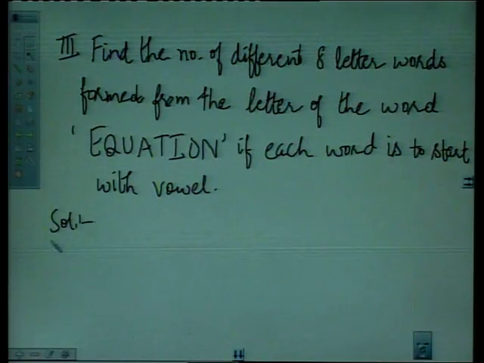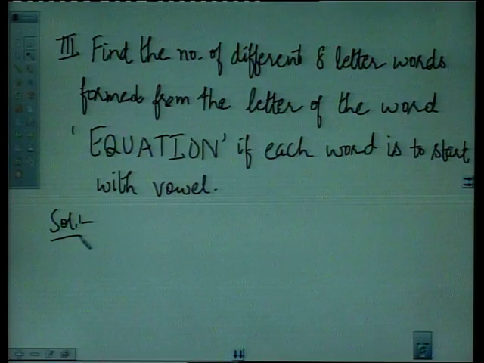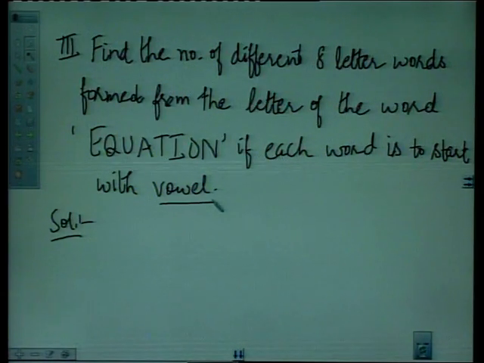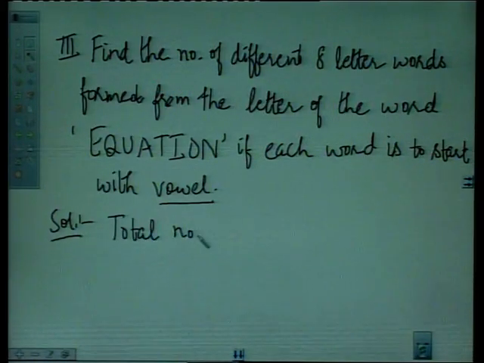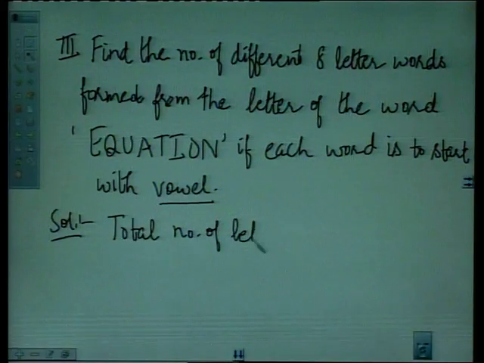Let's read once again the statement. We are to find the number of different 8-letter words that we can frame from the word equation. The condition of forming new words from the word equation is that each word must start with a vowel. Now, the total number of letters in the word equation is 8.